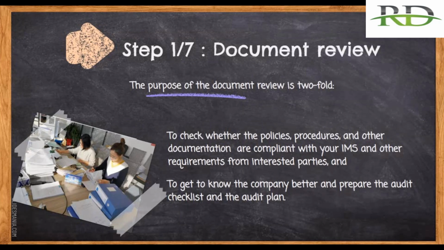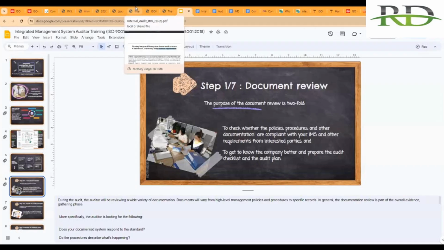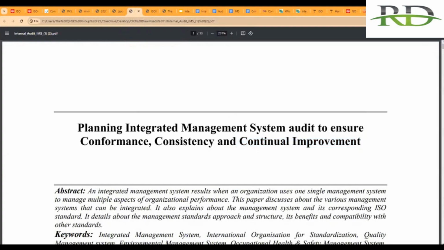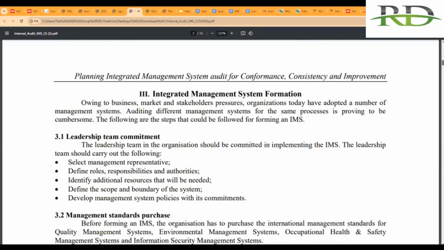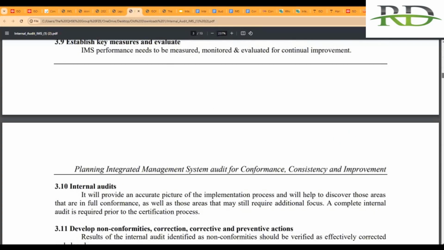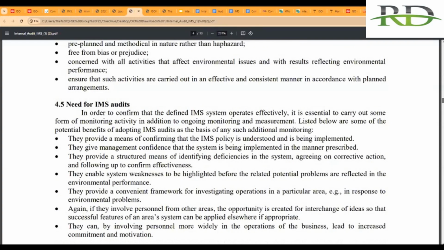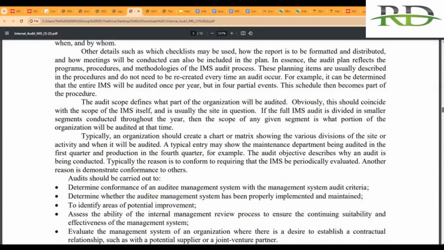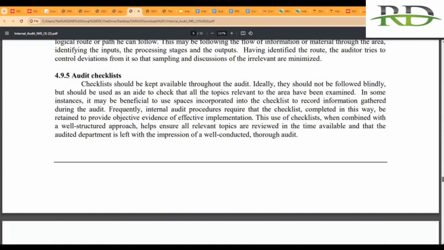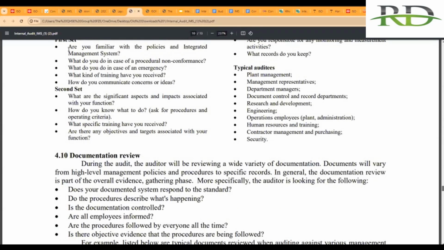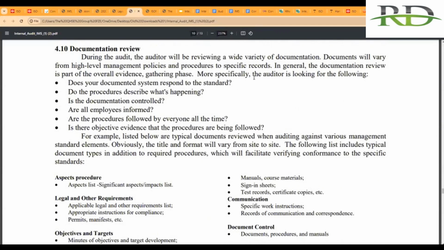So step number 1 out of 7, what do you do? Here you only have to look at and look for. You open your audit work paper and go to the section on documented information, and under documentation review you will see that, more specifically, the auditor is going to look for and look at.